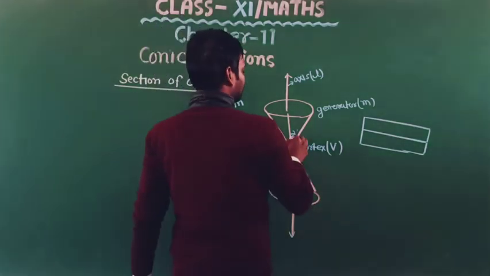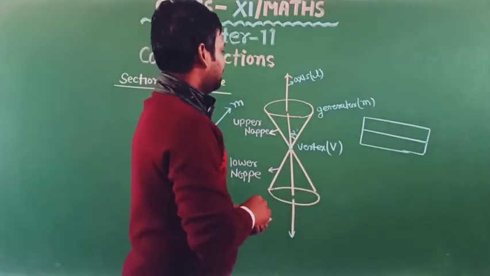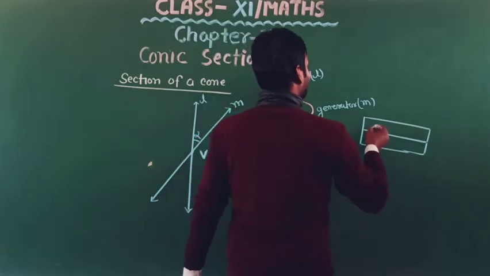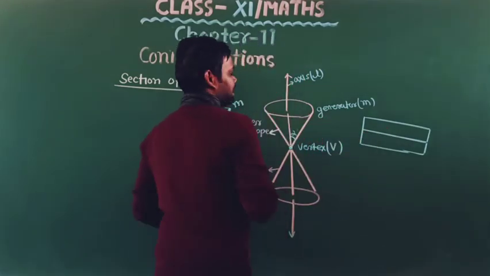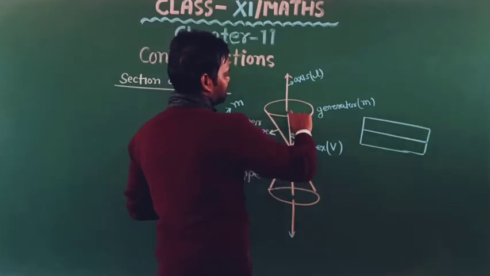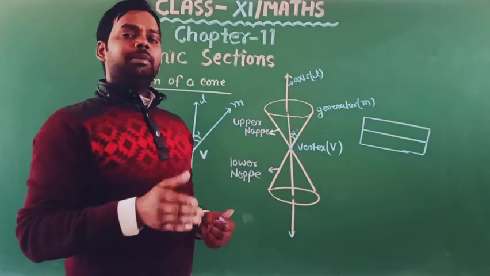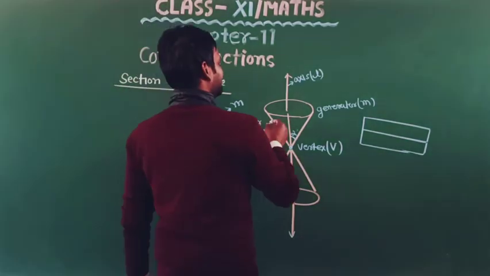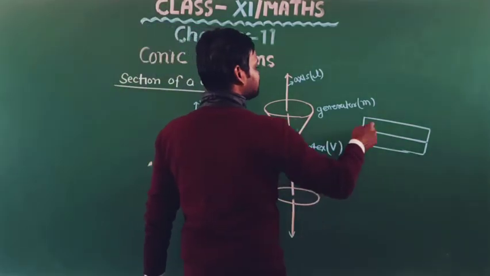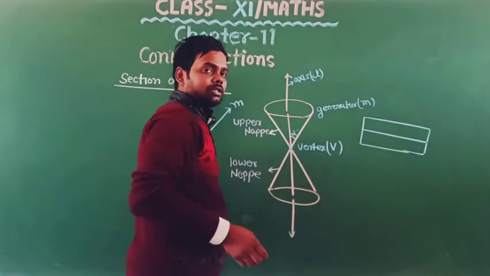Here this angle alpha is called the vertical angle, and the angle between the axis and the plane is called beta. Suppose beta is the angle between the plane and the axis.